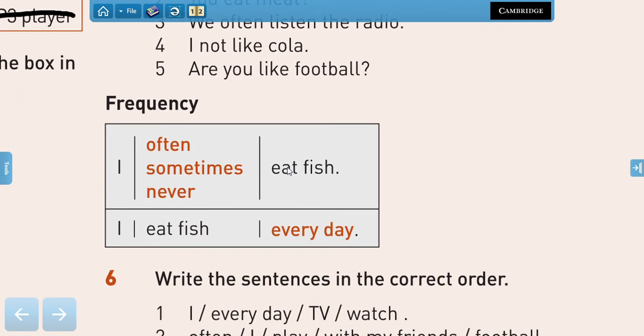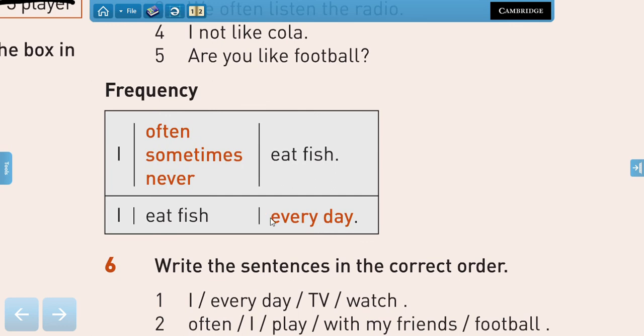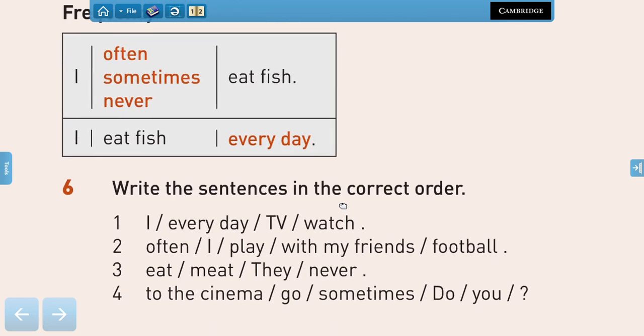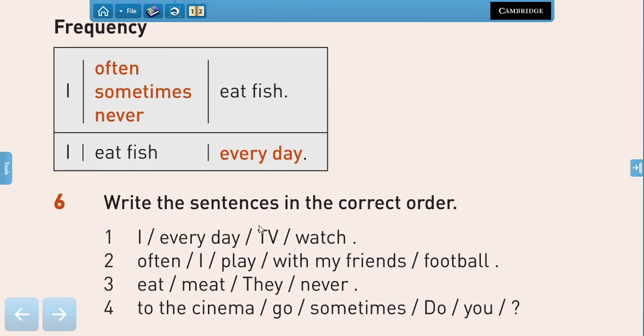Frequency. How often you do certain things. We saw the words often, sometimes, and never, and we also saw the words every day. So let's try to write the sentences in the correct order. All right? Put the words in the correct order to make sentences or questions. Are you ready?